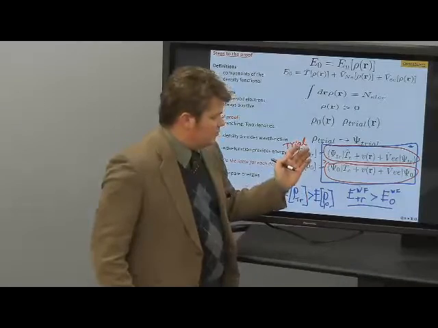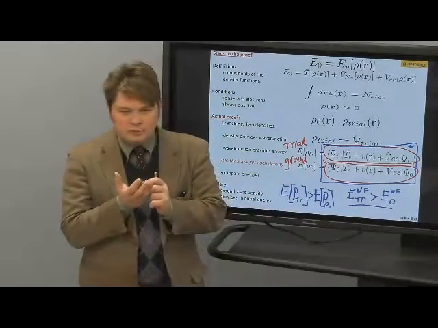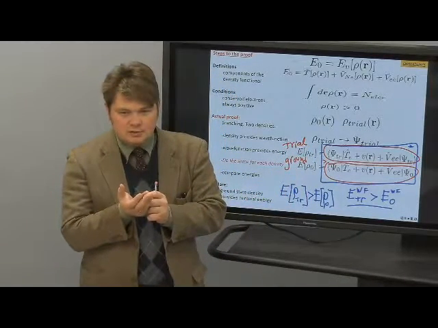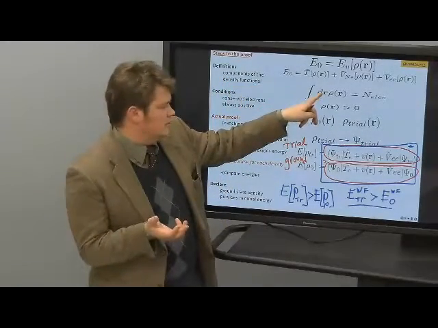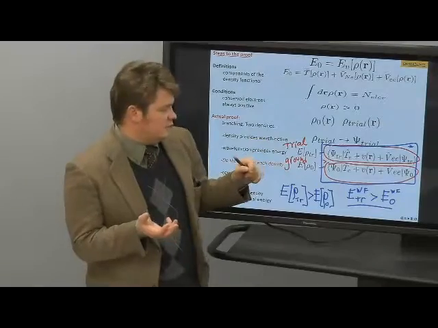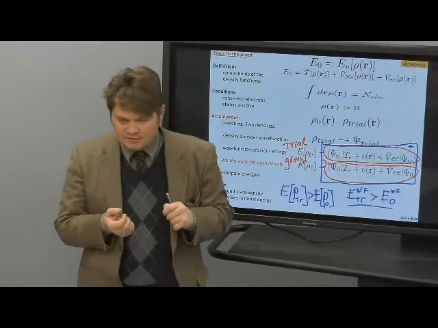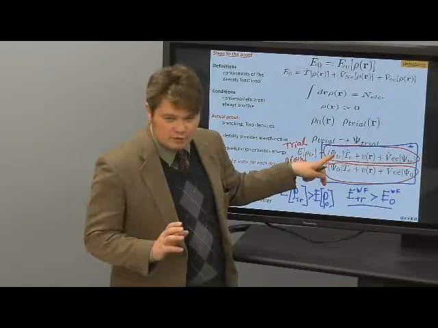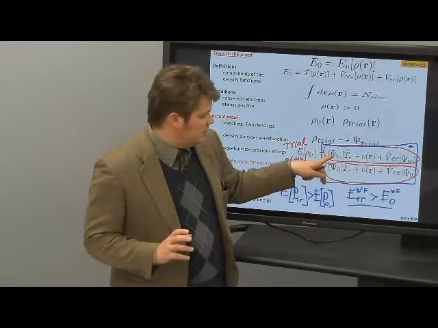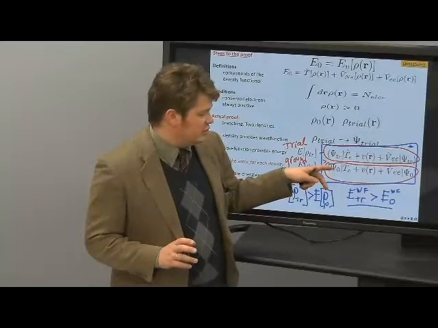And so we have already used conditions on the wave function, or on the density. We have used the first theorem by getting the wave function, at least in our imagination. And now we are going to use the variational theorem.